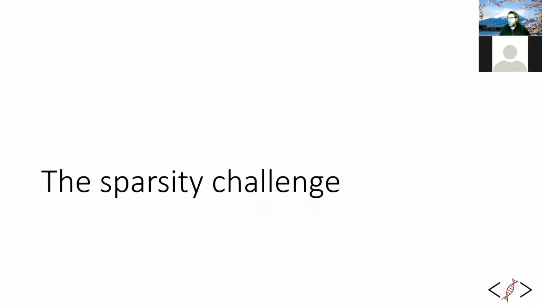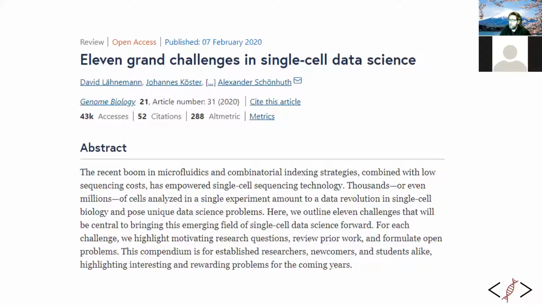All right, so I call this the sparsity challenge, and it is actually considered a serious problem facing single-cell RNA sequencing. There is a fantastic paper that came out not too long ago called 11 Grand Challenges in Single-Cell Data Science. If you want to dig further into the theory and the debate behind how we approach single-cell, this is a fantastic place to start because it outlines the 11 biggest problems facing single-cell today.